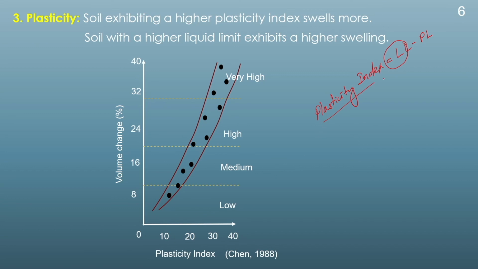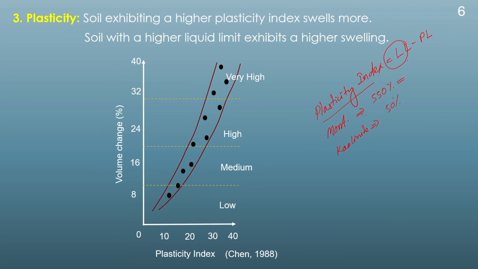Since the plasticity index also depends on the liquid limit, the higher the liquid limit, the higher the volume change of the soil. Say, for example, montmorillonite mineral has a liquid limit of say 550, this is an example, and another mineral, say kaolinite, has a liquid limit of say 50.